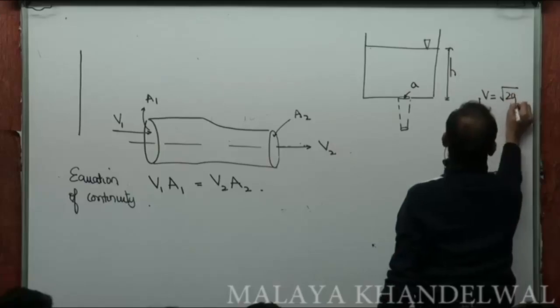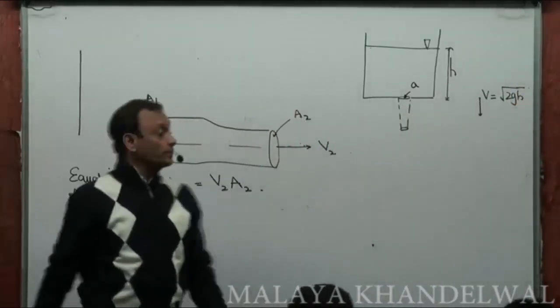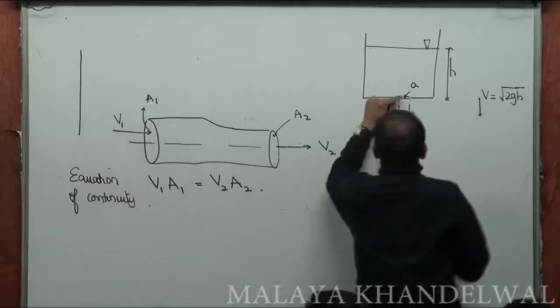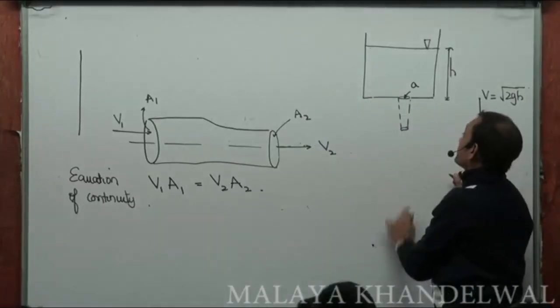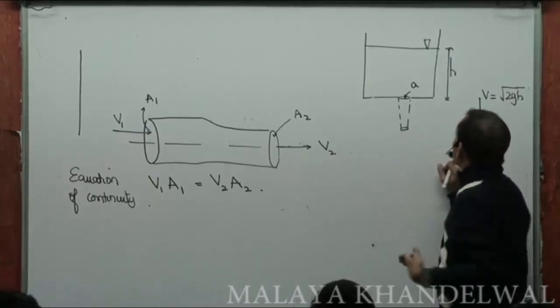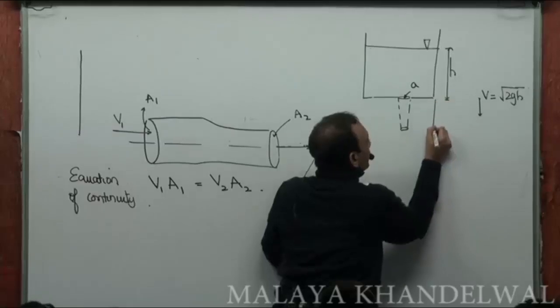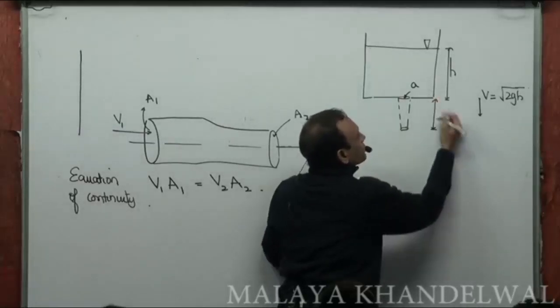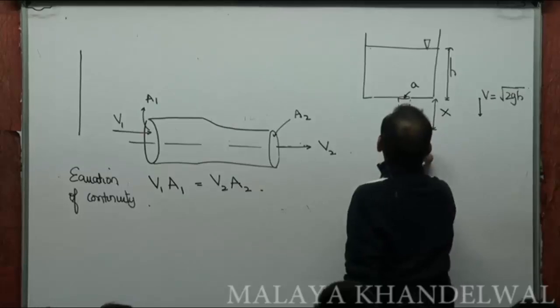Now what happens is when fluid emerges out of this, falls down under the influence of gravity, then its velocity will increase, right? Suppose v is the velocity here, and at a depth x below this, let's say the velocity becomes v1.